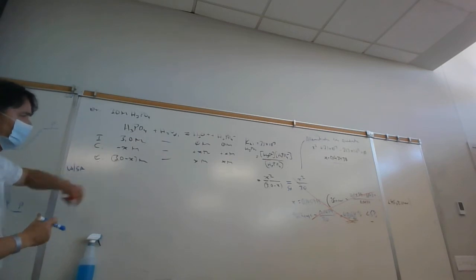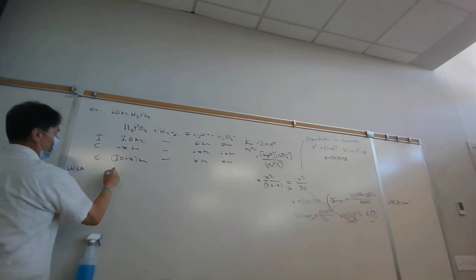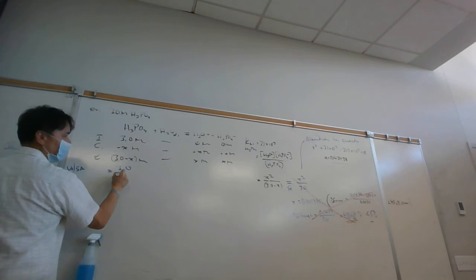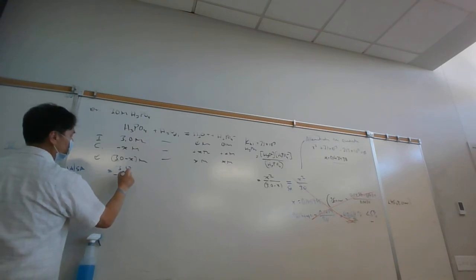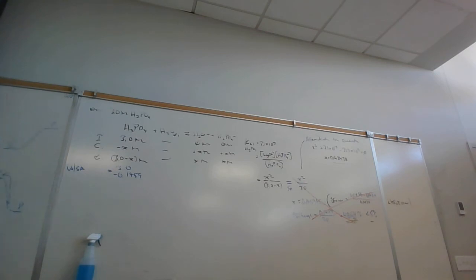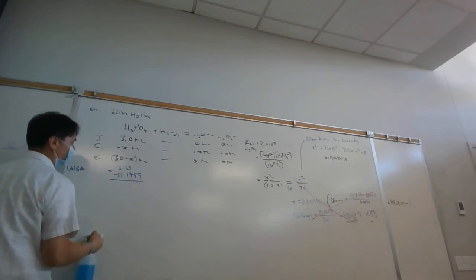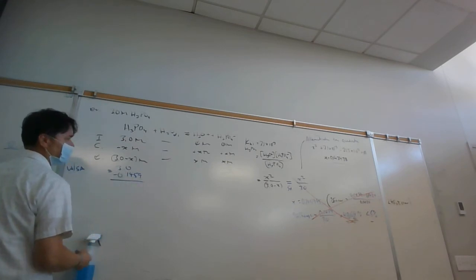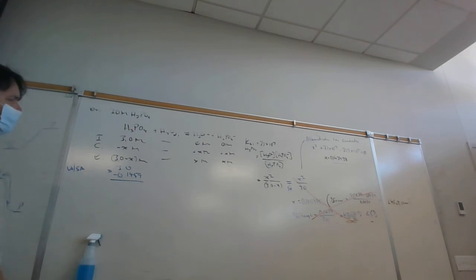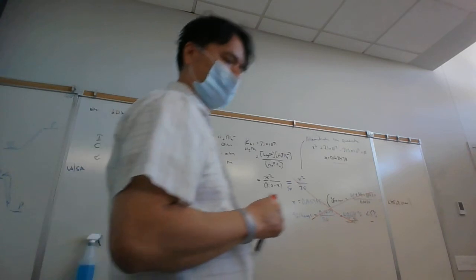With the simplifying assumption, I'm going to get 3.0 minus x, which is 0.1459. I'm not going to carry out all the digits. Let's go with this. Should be adequate, I think. Or should I carry out all the digits? How many digits were there?